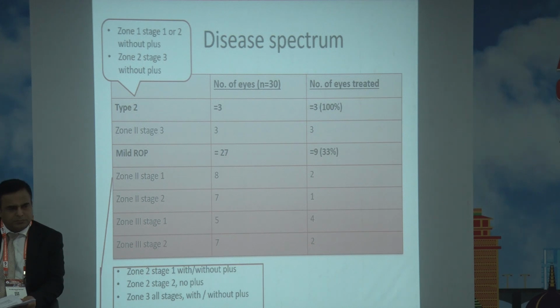The disease spectrum was that we saw 3 babies with type 2 ROP, all of which were in zone 2 and stage 3. In mild ROP, we saw 27 babies, out of which 9 were treated. For type 2 patients, all 3 out of 3 were treated, that is 100%, and for mild ROP, 33%, that is 9 out of 27, were treated.